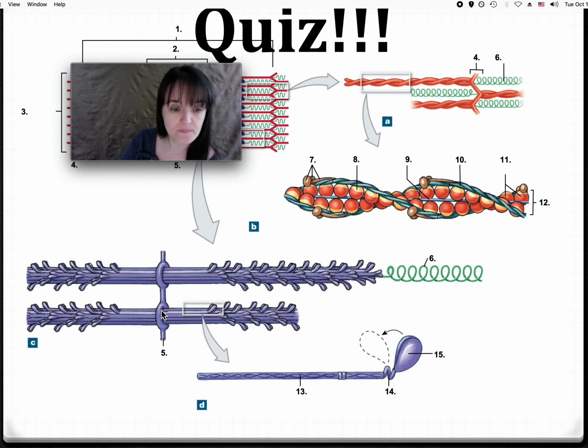And the line down the middle of the sarcomere is the M line. And this is myosin tail, myosin hinge, 2 globular heads. Oh, and titin, which is the central core of the myosin and attaches to the Z line. Got it.